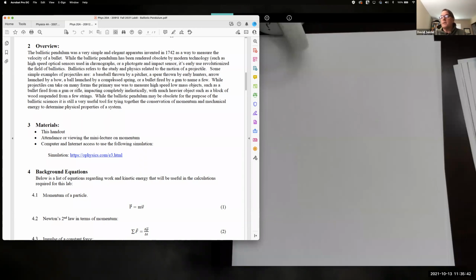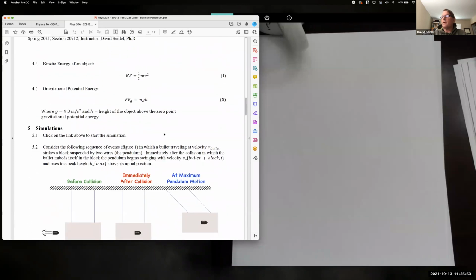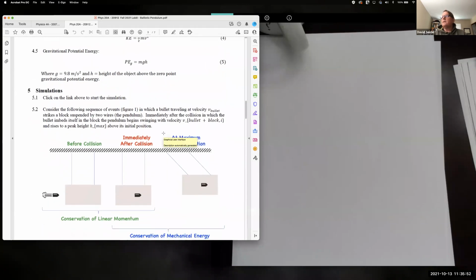Now, measuring the velocity immediately after impact itself can be difficult, so to use that conservation of momentum, there's a clever apparatus that was developed called the ballistic pendulum. And here is a picture of the ballistic pendulum. Before collision, we have a block hanging from, say, a couple of ropes or a single rope, but usually a couple of ropes, and a bullet that comes in.